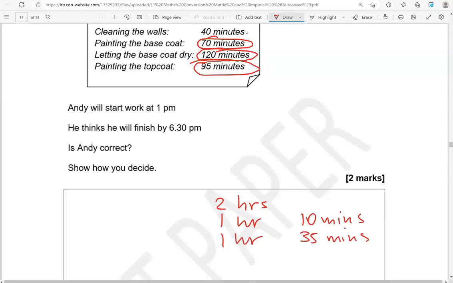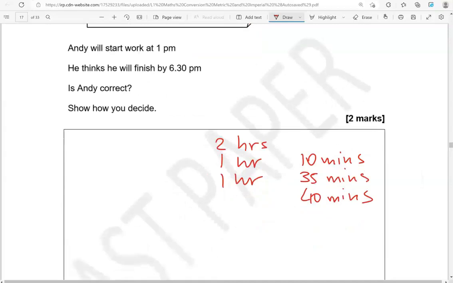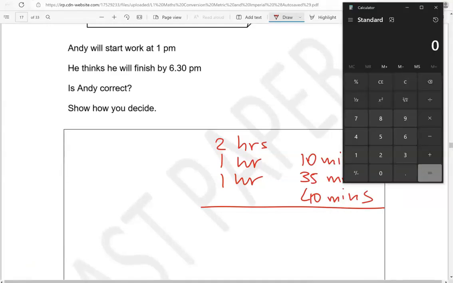Then we have 40 minutes. So we have 10 and 35 and 40, which is 85 minutes. 85 minutes, that is 1 hour and 25 minutes.